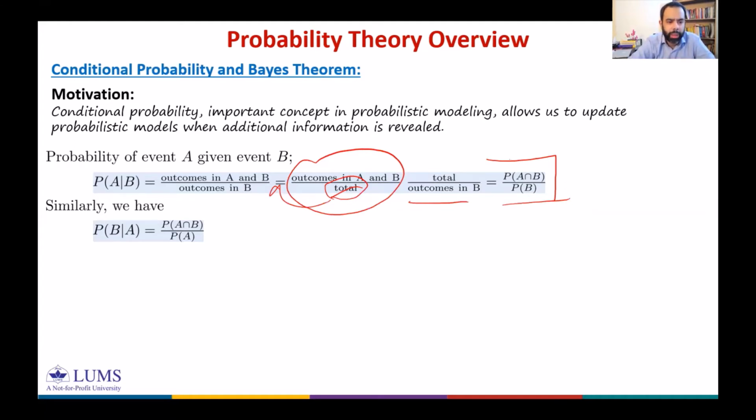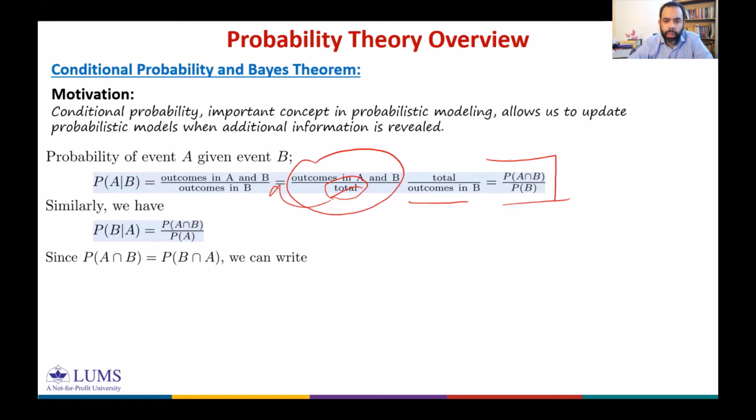Similarly, we can have the probability of B given A as the probability of A intersection B divided by the probability of A. And we know that the probability of A intersection B is equal to the probability of B intersection A, because intersection is a commutative operation.